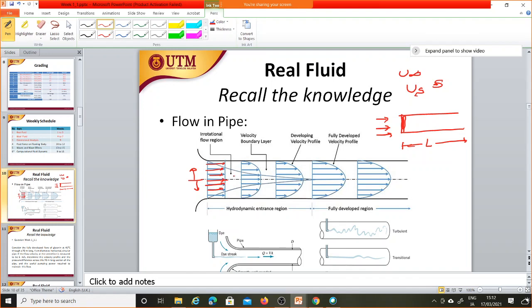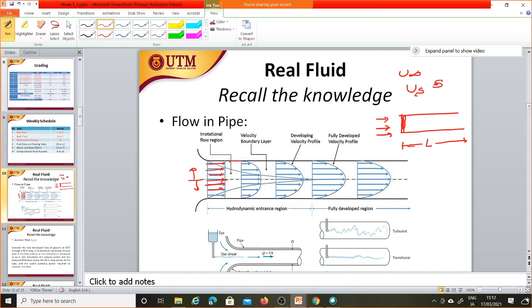After that, as I said, due to friction, because it's a real fluid, and a real fluid has friction, we call this viscous flow, or we call this rotational flow. In the case of viscous flow, the flow that is attached to the solid surface here will have no velocity.